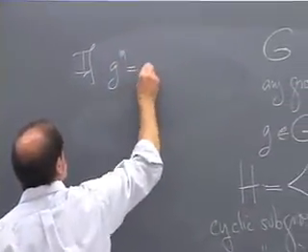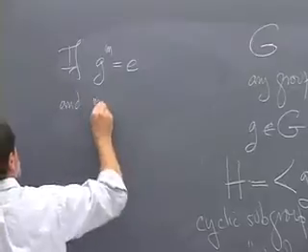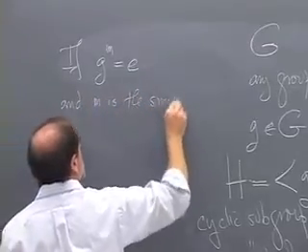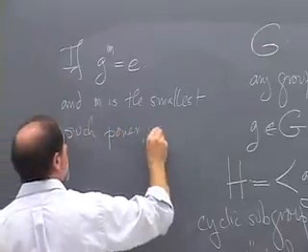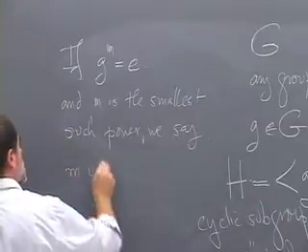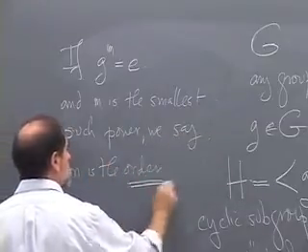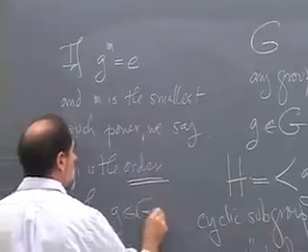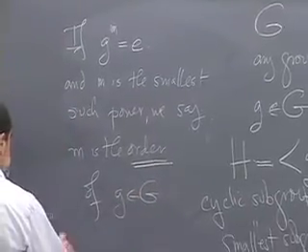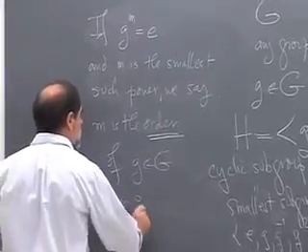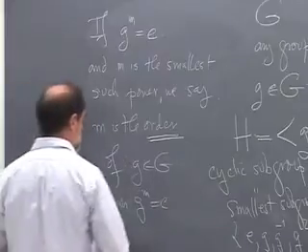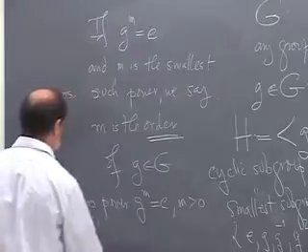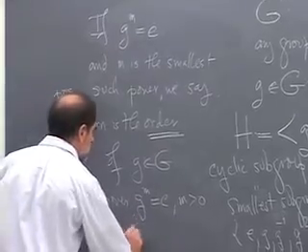So if g to the m is equal to the identity, and m is the smallest positive such power, we say m is the order of g in G. And if no power g to the m, for m greater than 0, equals the identity, we say g has infinite order.